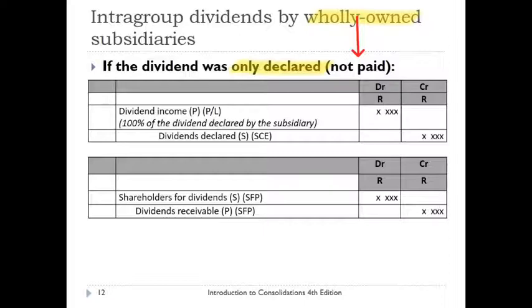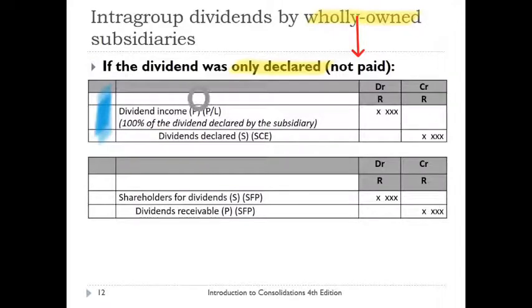First of all, the consolidation journal entry for the dividend income recognized by the parent and the dividend declared by the subsidiary. Dividend income was recognized as a credit by the parent, so to eliminate the effect, I have a debit entry to dividend income.